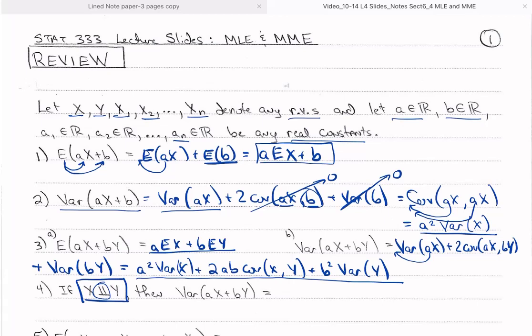That means that the covariance of X and Y here is going to be 0. So we're going to end up with A squared variance of X plus B squared variance of Y, because the covariance between X and Y is 0 when X and Y are independent. There is no dependence or codependence between the two variables. All right?